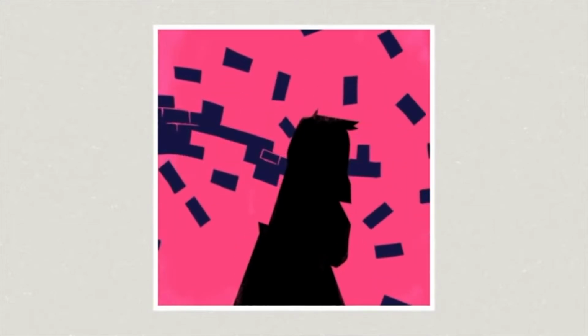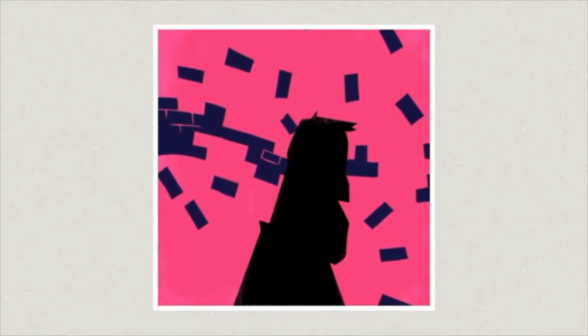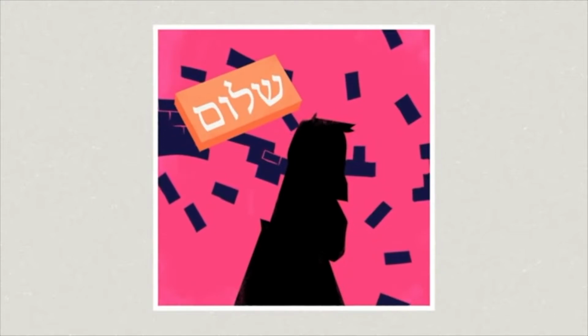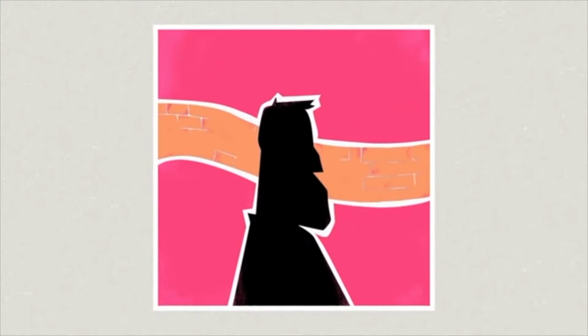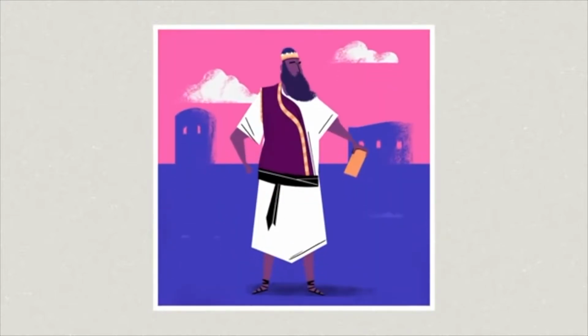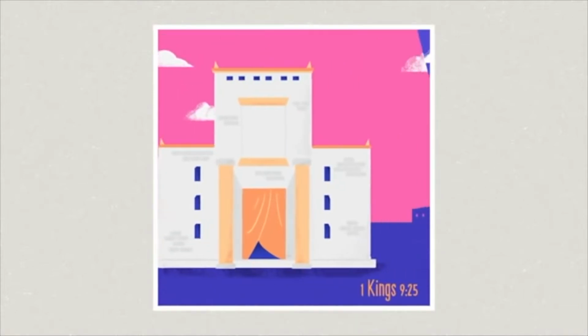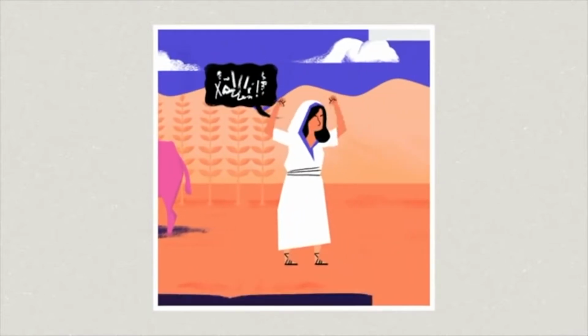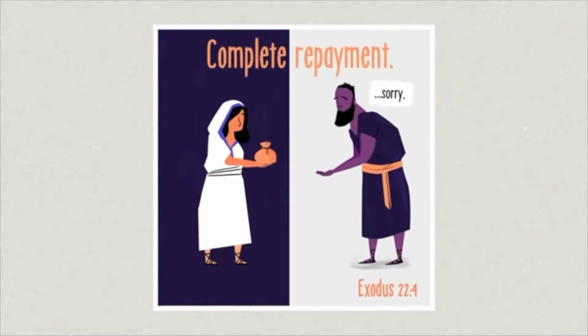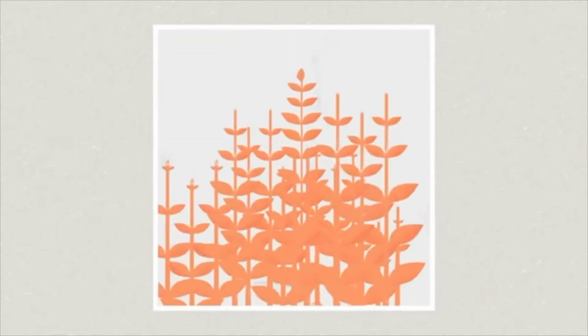Life is no longer whole, it needs to be restored. In fact, that's the basic meaning of shalom when you use it as a verb. To bring shalom literally means to make complete or restore. So Solomon brings shalom to the unfinished temple when he completes it. Or if your animal accidentally damages your neighbor's field, you shalom them by giving them a complete repayment for their loss. You take what's missing and you restore it to wholeness.